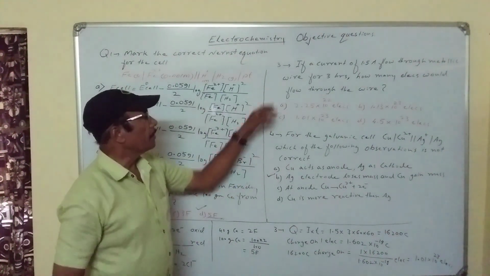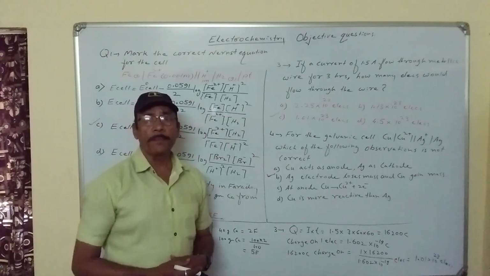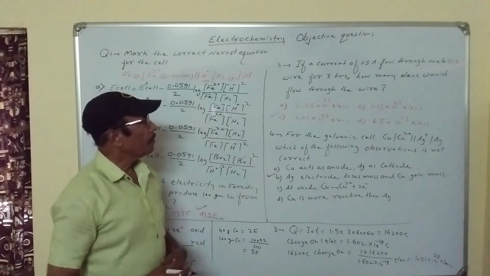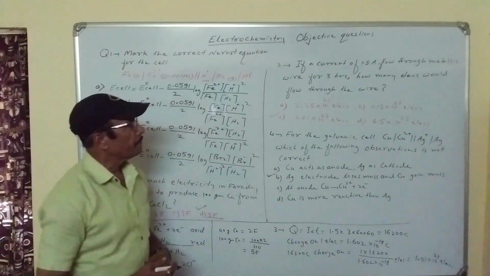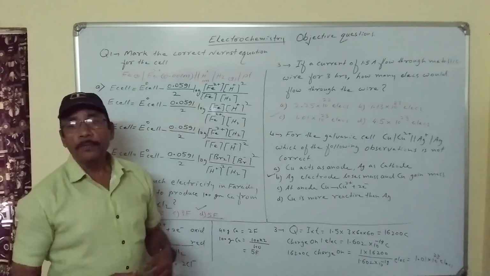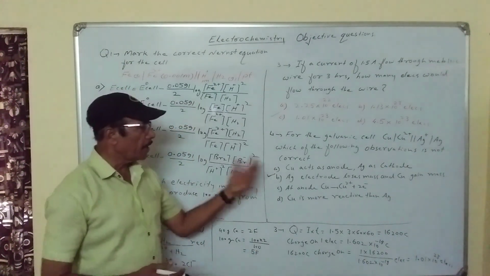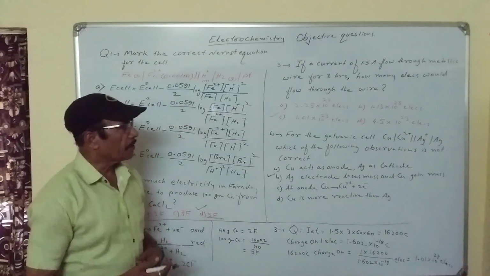Now question number 3. If a current of 1.5 ampere flows through a metallic wire for 3 hours, how many electrons would flow through the wire? We have to calculate the number of electrons.